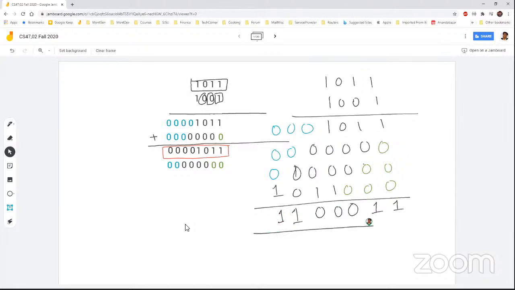Let's figure out what this is. This is 2 to the power 0, 2 to the power 1, 2 to the power 2, up to 2 to the power 6. So it becomes 64 plus 32 plus 2 plus 1, which is 3 plus 32 is 35, 5 plus 4 is 9, 6 plus 3 is 9, 99. So that's what our expectation was.